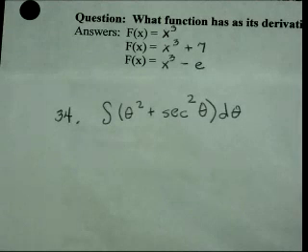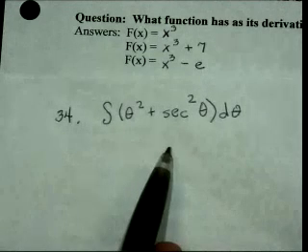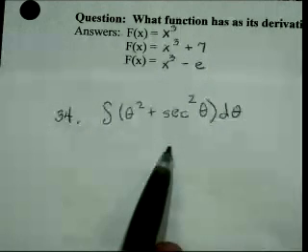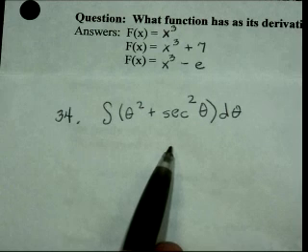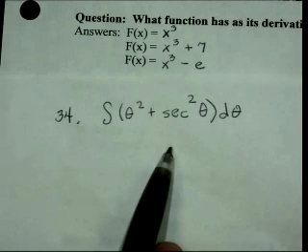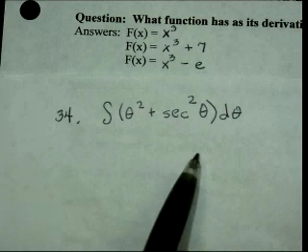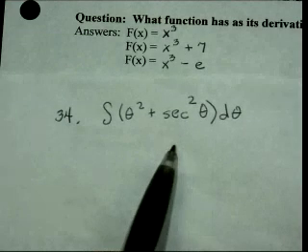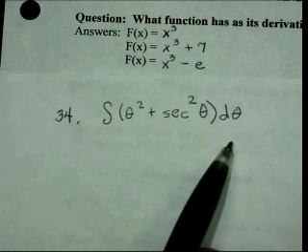If I have a plain old constant, which I don't in number 34, but if one of these terms was just plus 5, then when I integrated it, what would it be? 0? No, that's differentiated. If you differentiate 5, you just get 0, but if you anti-differentiate 5, you get 5x, only we're not dealing with x's here, we're dealing with theta. So if I had a constant term, when I anti-differentiated it, it would be 5 theta. That's why you need the theta to tell you what variable to put back on your constants.